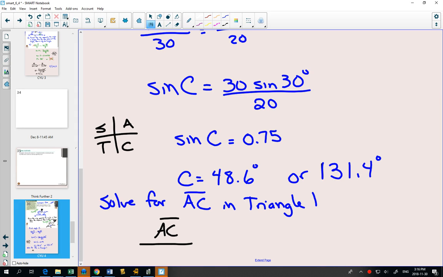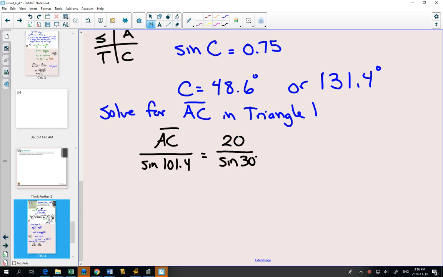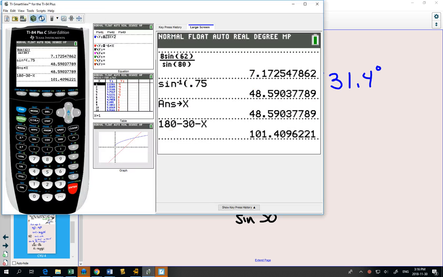And now I can use my sine law to find AC. AC over sine of 101.4 is equal to 20 over sine 30. Multiply both sides by sine of 101.4. So we would have 20 sine 101.4.